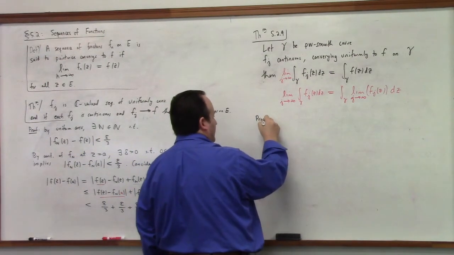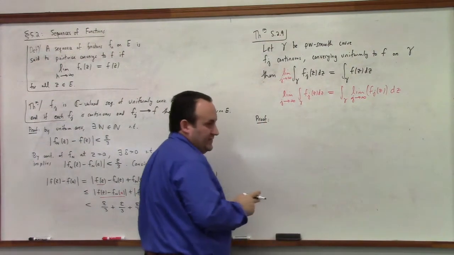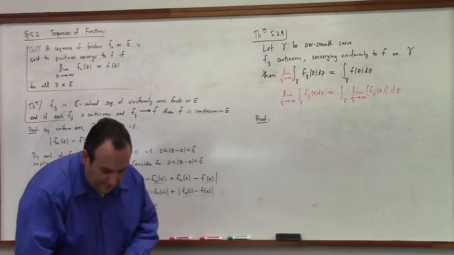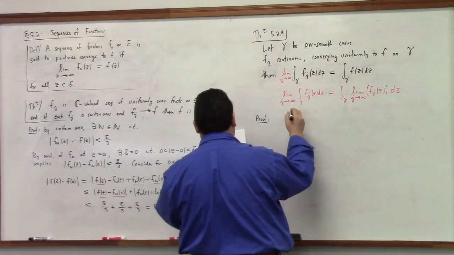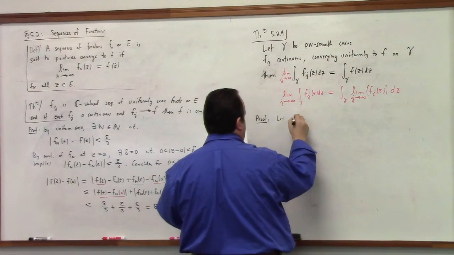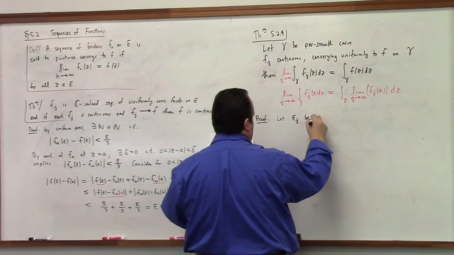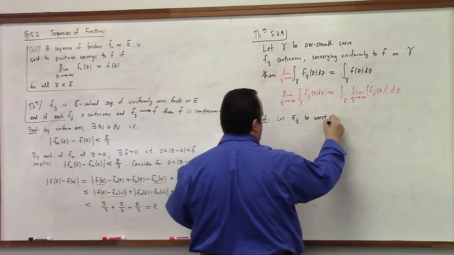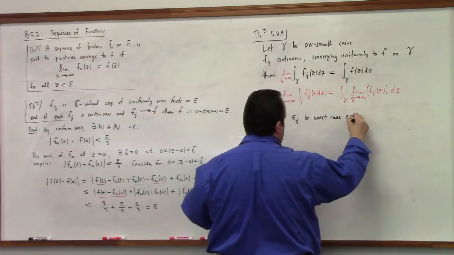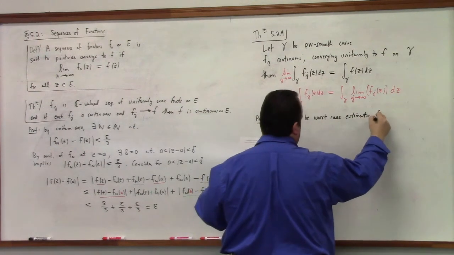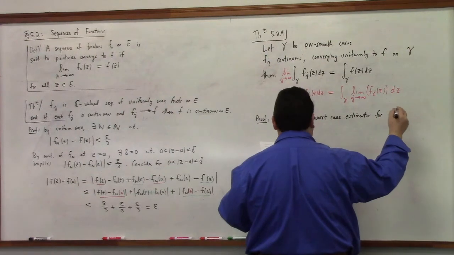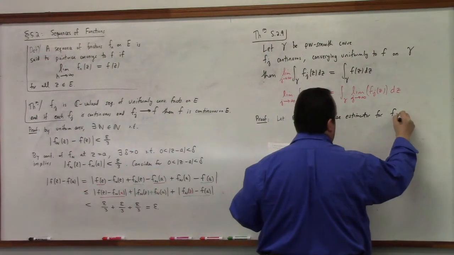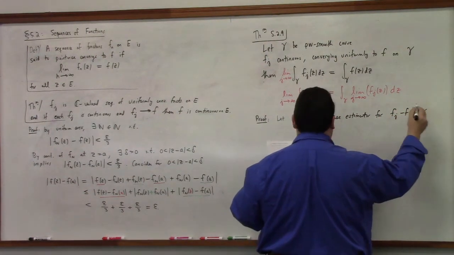I would say more fun than the previous one. The proof is essentially just by the ML theorem. Notice that we can let epsilon j be the worst case estimator for fj minus f on gamma.